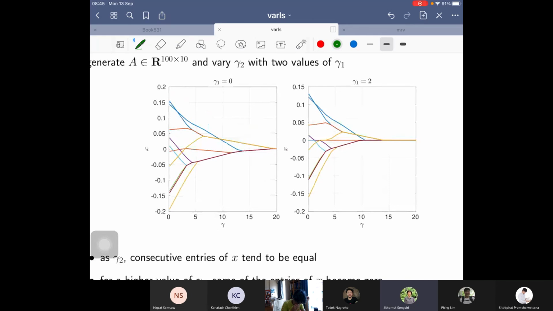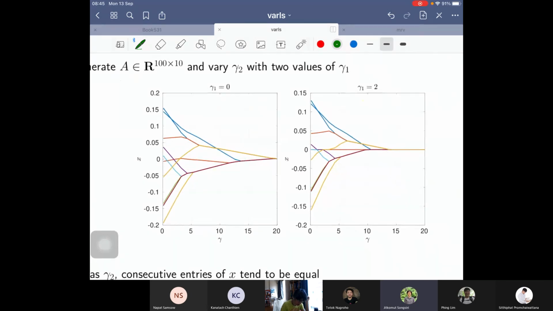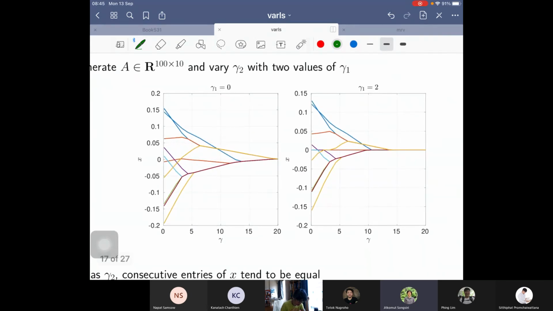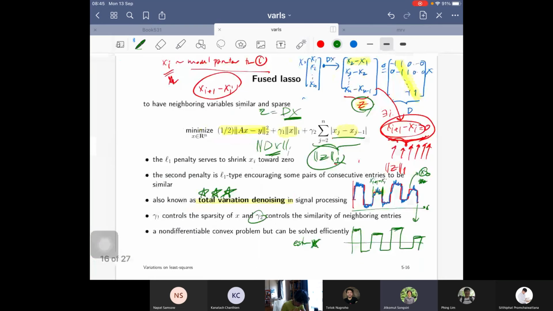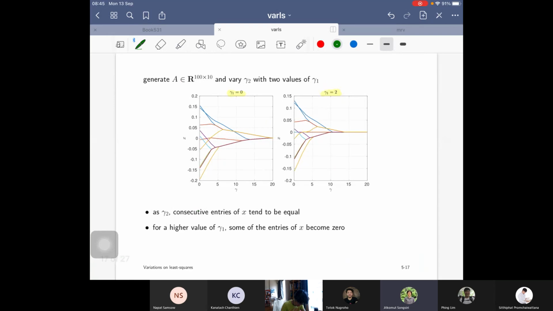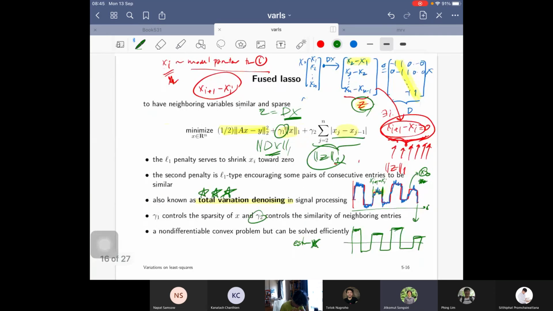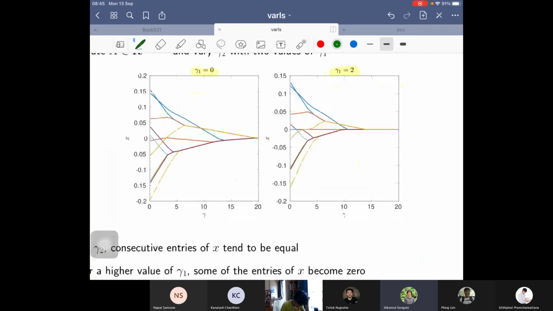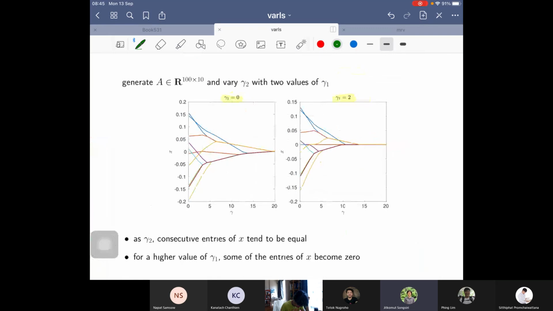Now we take a look at the behavior of the solutions obtained from fused Lasso. I split into two cases: gamma 1 is 0, and gamma 1 is 2. Gamma 1 is the coefficient of the Lasso term. This is supposed to be gamma 2, right?